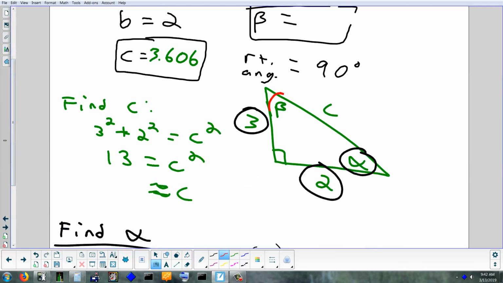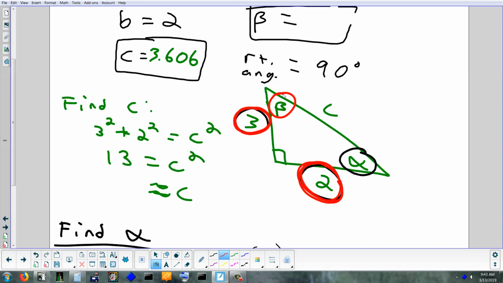All right, so now I'm going to circle beta, the 3, and the 2. Now your perspective has changed. This is the first time we've actually switched the angle that we're using.